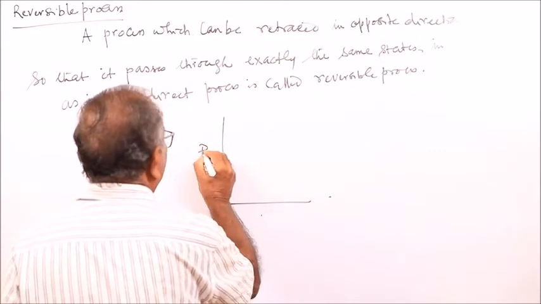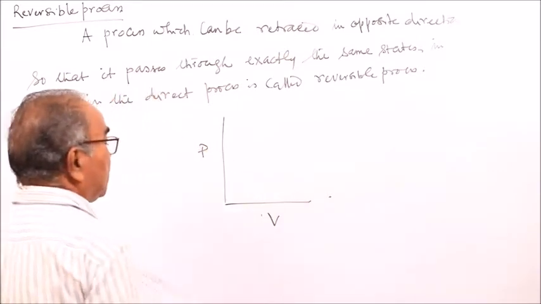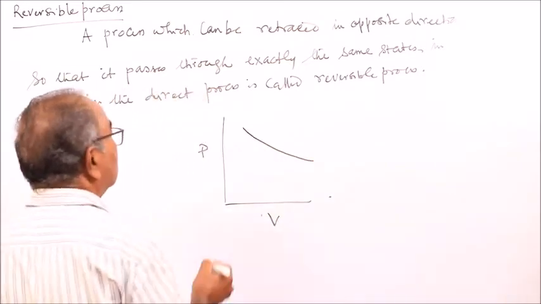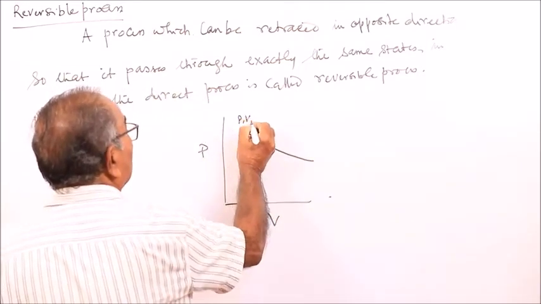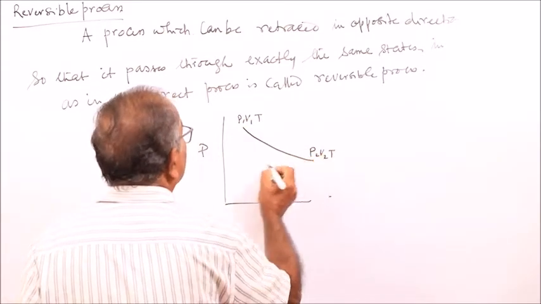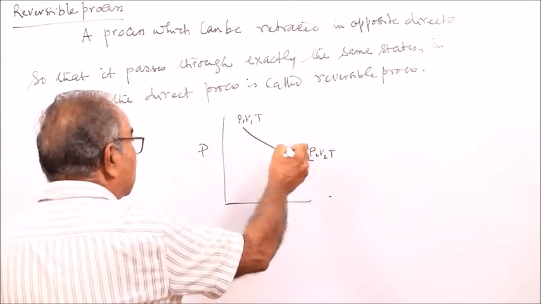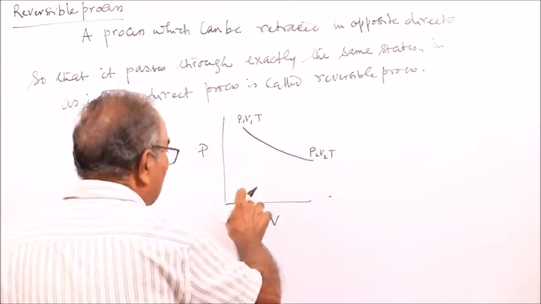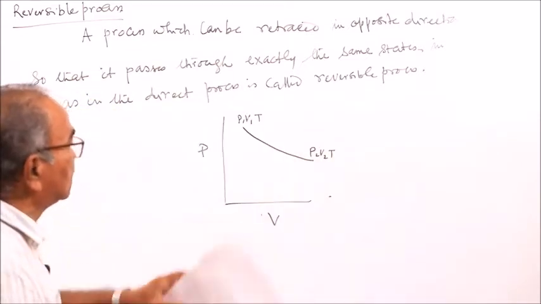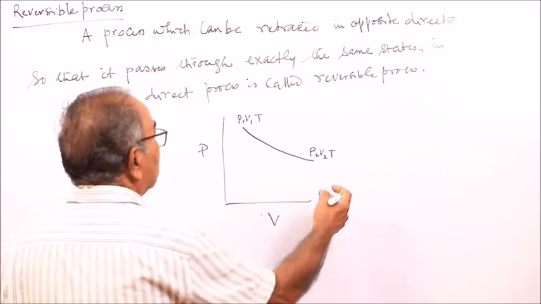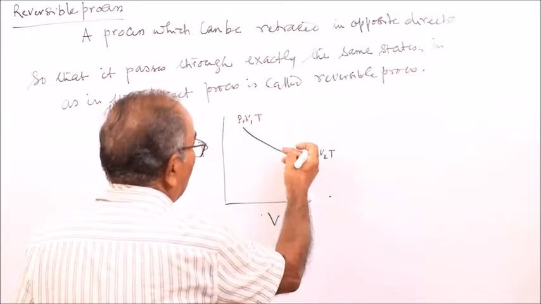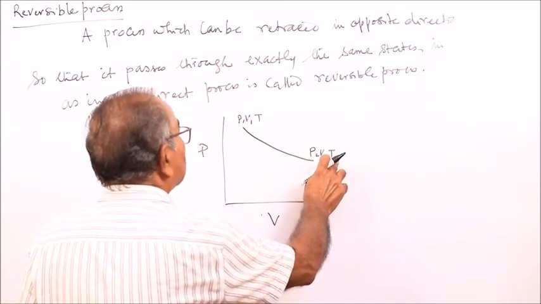in the isothermal process, pressure and volume change very slowly, so that the temperature remains constant. P1 V1 T equals P2 V2 T. That means the pressure is changing slowly and the volume is also increasing very slowly, while the temperature remains constant.